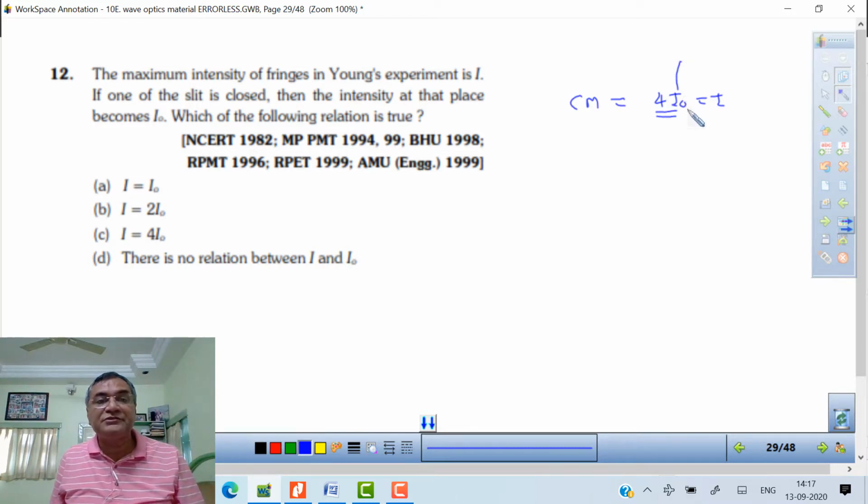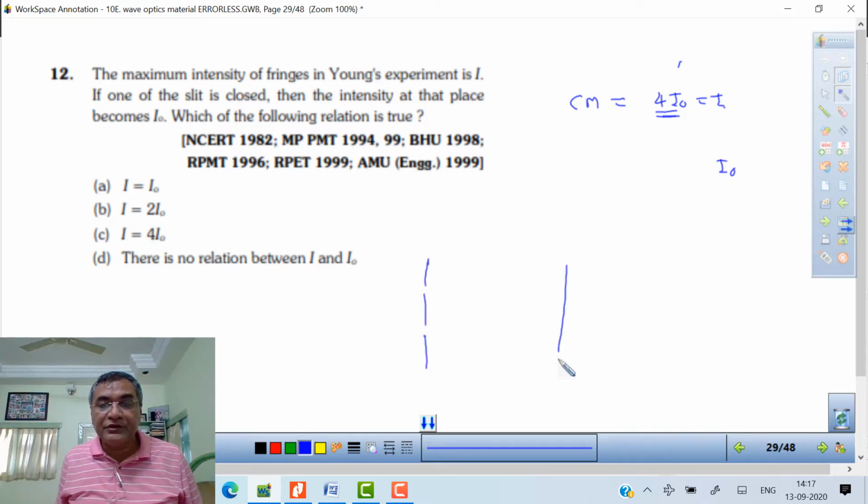So initially the intensity is this much, and when one slit is closed, it becomes I0. So actually what is happening: in our Young double slit experiment, the center maxima has an intensity 4 times more.